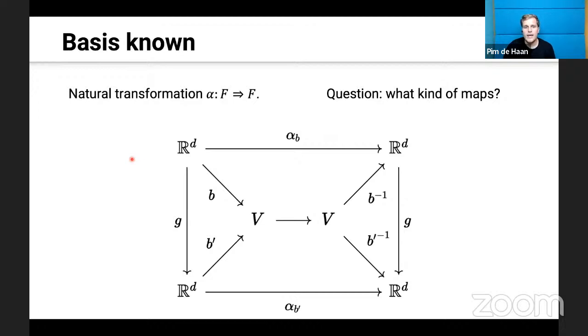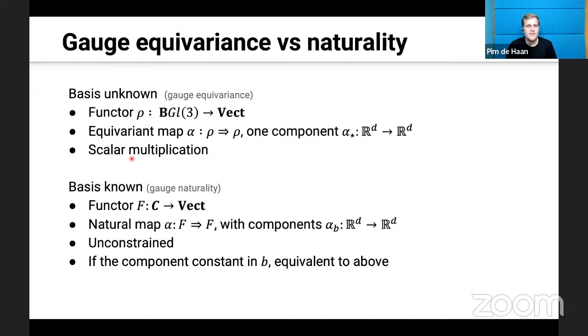So summing up, if we don't know the basis, then we have an equivariant map. It has a single component, and this is very strongly constrained. It is so constrained that it must be scalar multiplication.